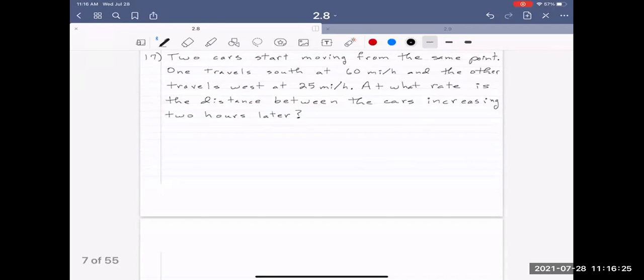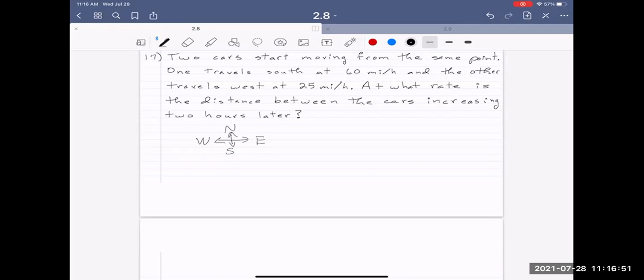Okay, so let me draw this situation. So first off, let me draw north, south, east, west. So I'll put a little compass here so I know where I'm going.